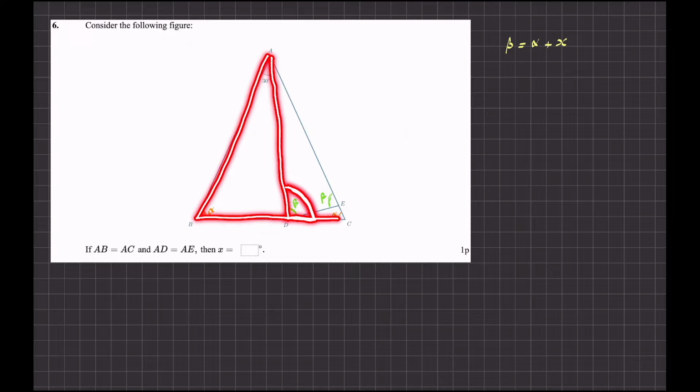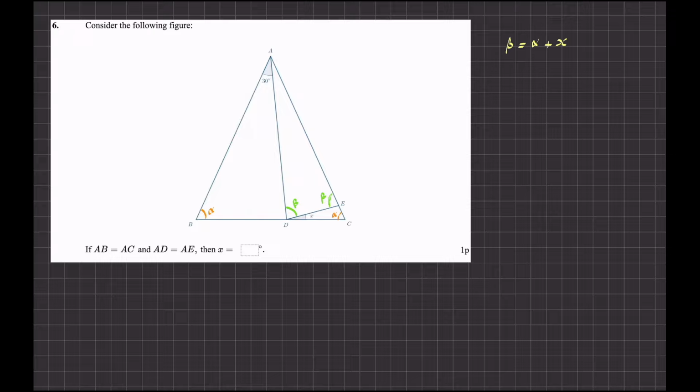So this angle is the sum of these two angles. But this angle itself consists of 2 parts, beta and x. So in total, this angle is beta plus x. So I understand that beta plus x is equal to 30 degrees plus alpha.